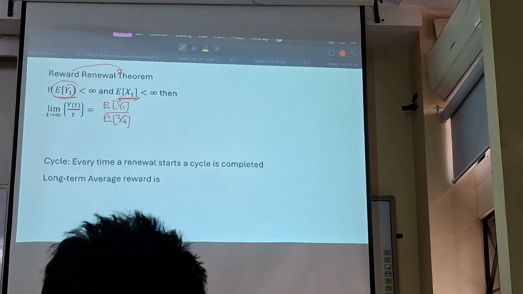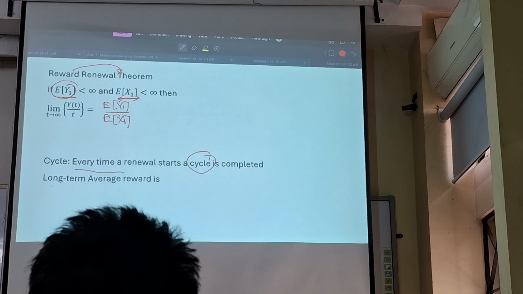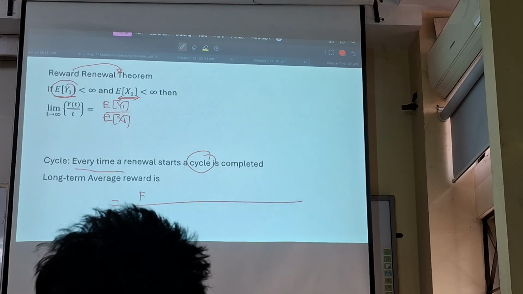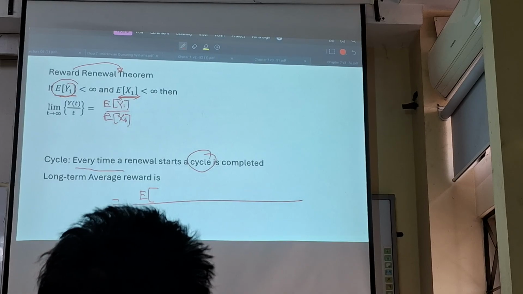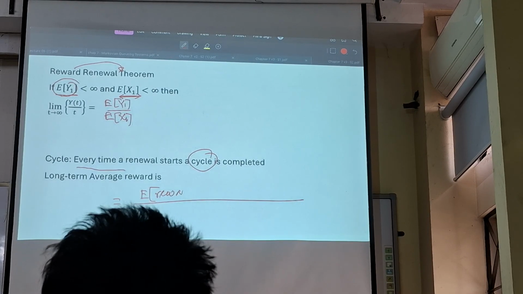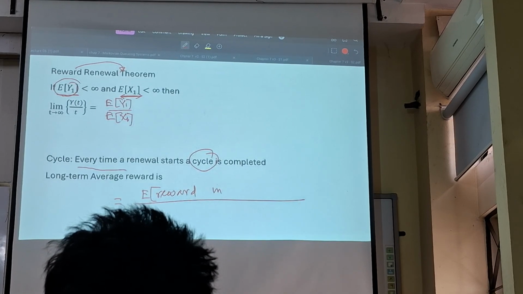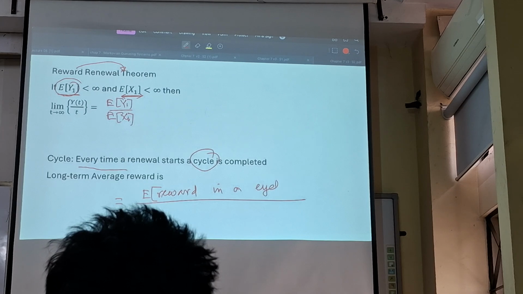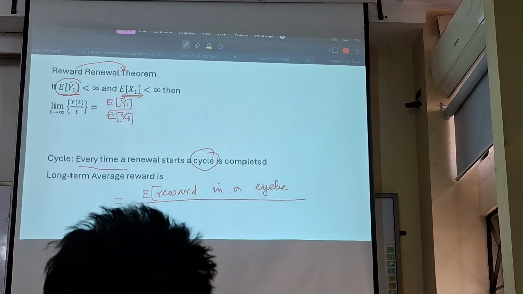Whenever a renewal occurs, we define it as a cycle. And the long-term average reward is defined as the expected reward in a cycle divided by the cycle length.